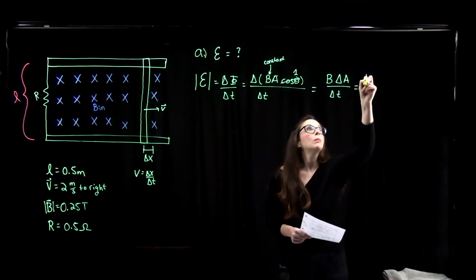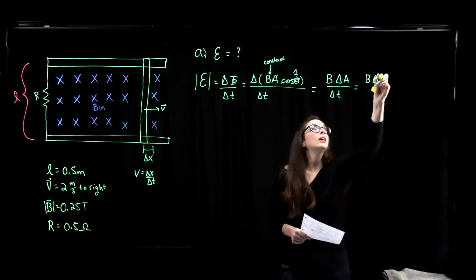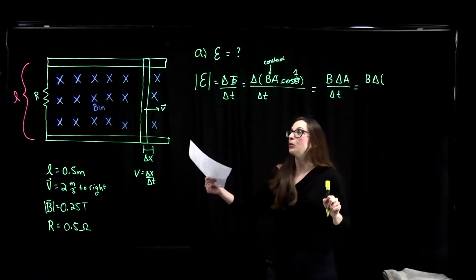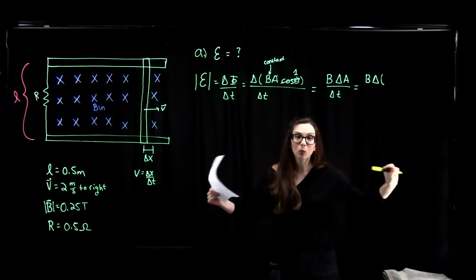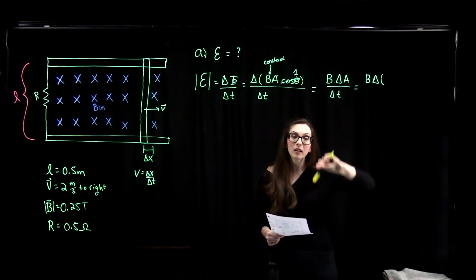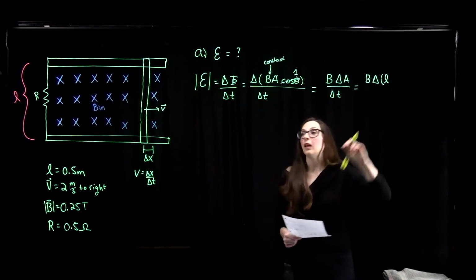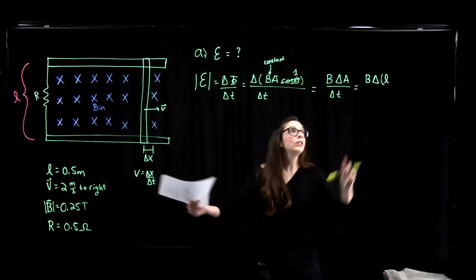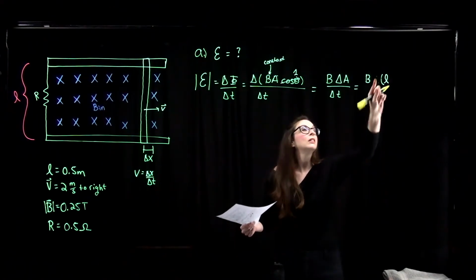So B times the change in the area enclosed by my loop, which is going to be the length times its width. So the length here is not changing, that's L. I can remove this delta here because L is not changing.